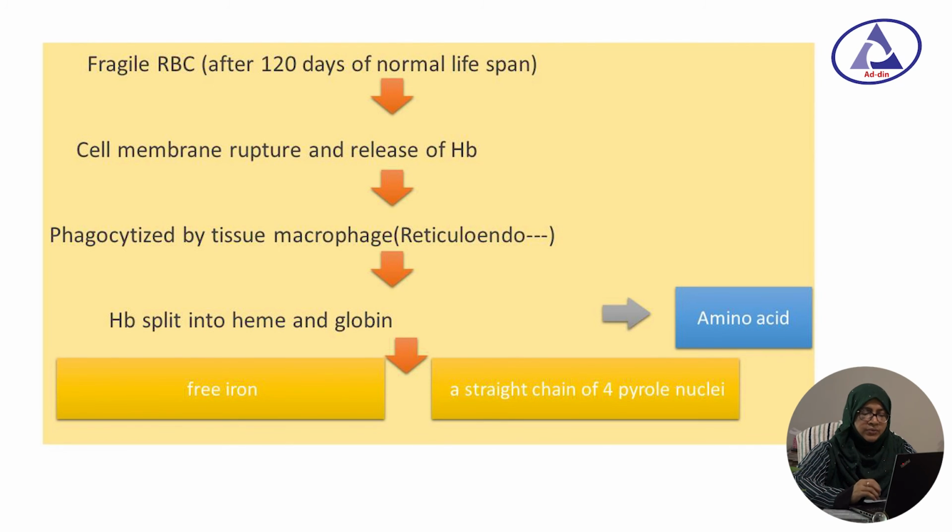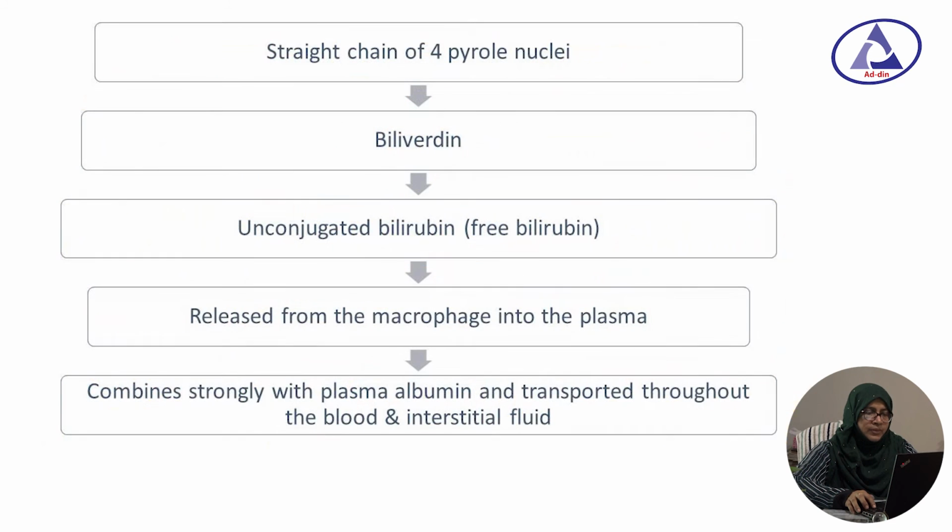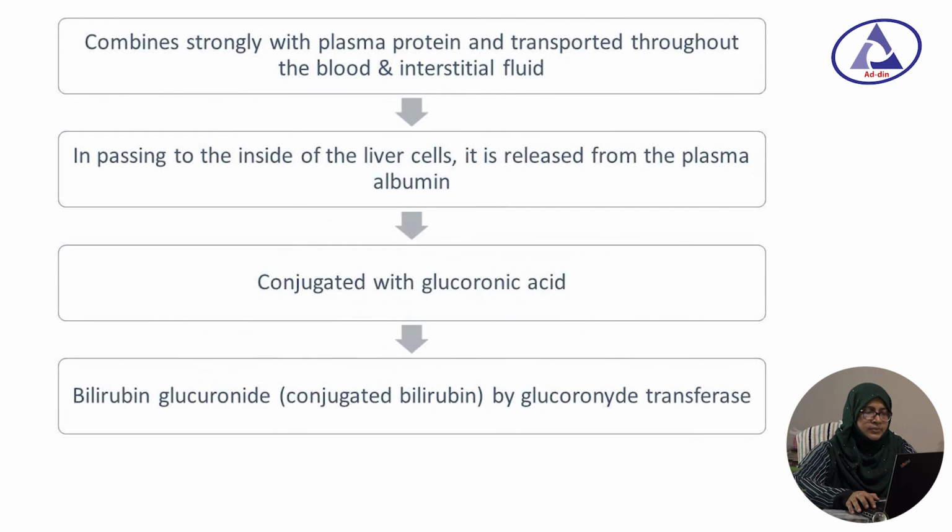Then globin is converted to amino acids and reused, and from the heme portion iron is freed, and this iron is again used, and then a straight chain of 4 pyrrole nuclei is converted to biliverdin, then unconjugated bilirubin, that is free bilirubin, is formed. This is released from the macrophage into the plasma and combined strongly with plasma albumin and transported throughout the blood and interstitial fluid.